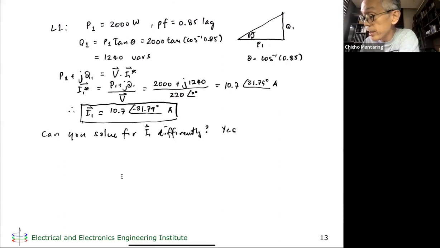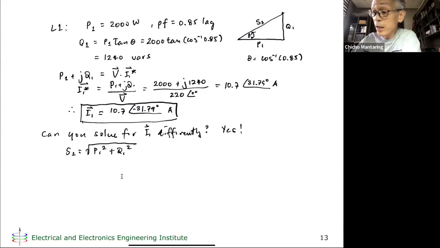The answer is yes. Why? This is S1. S1 is equal to the square root of P1 squared plus Q1 squared. I know P1 here, and I know Q1 here.